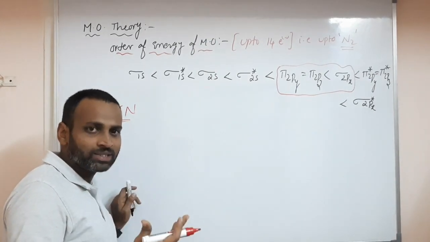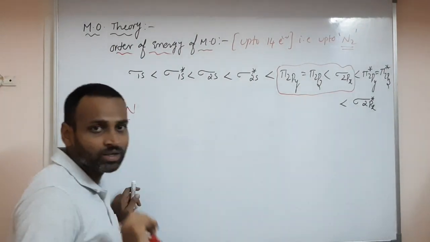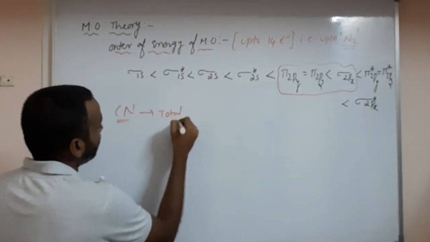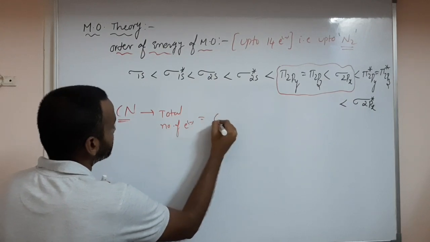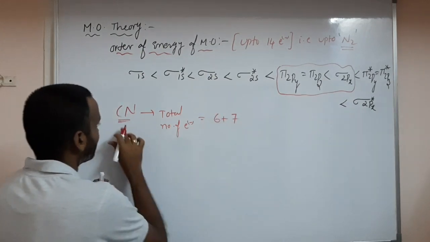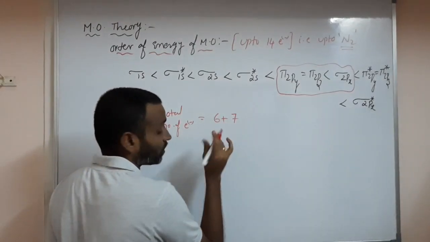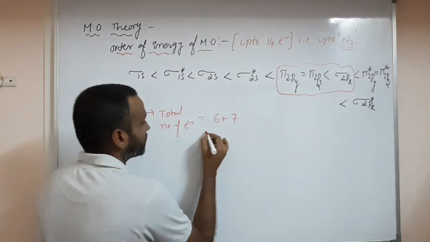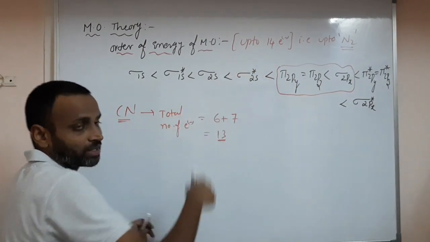While writing VSEPR theory and finding hybridization, valence electrons only. So here, what is the total number of electrons? Carbon 6 and nitrogen 7 you have to take, their atomic numbers. 6 plus 7, total 13. So less than 14 electrons, you can consider this.